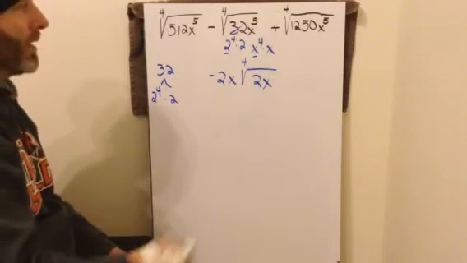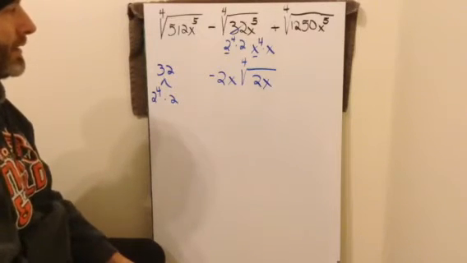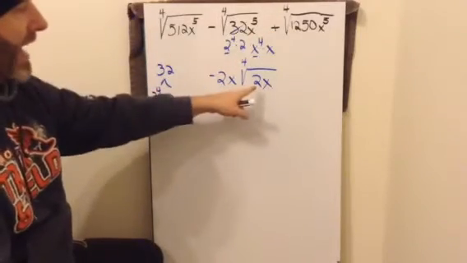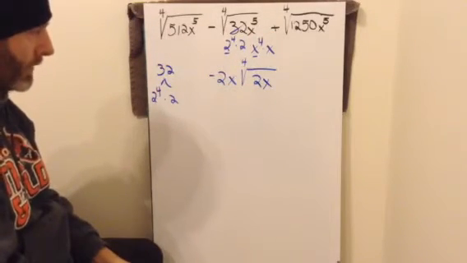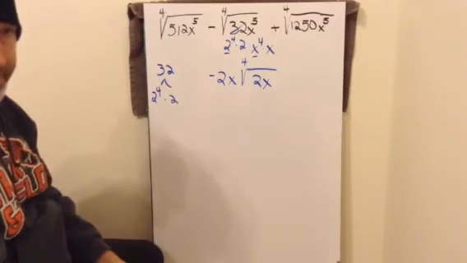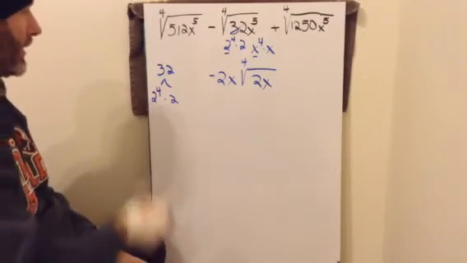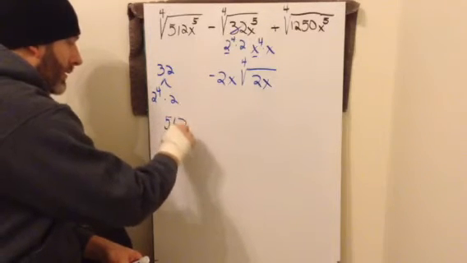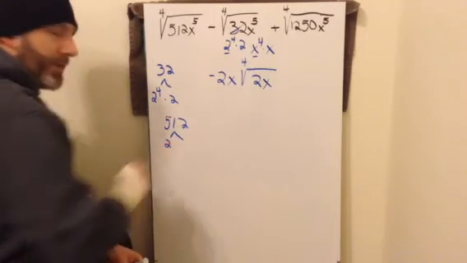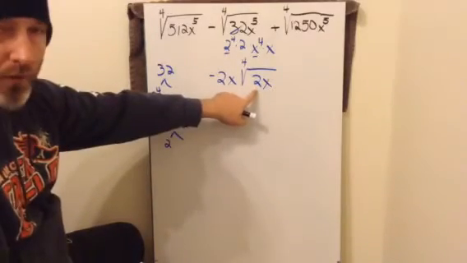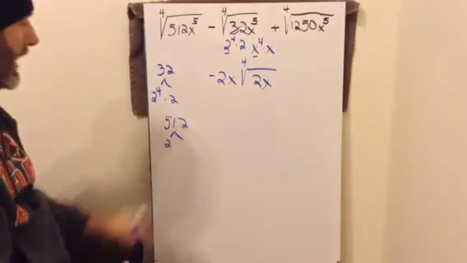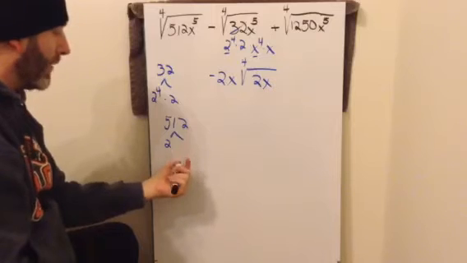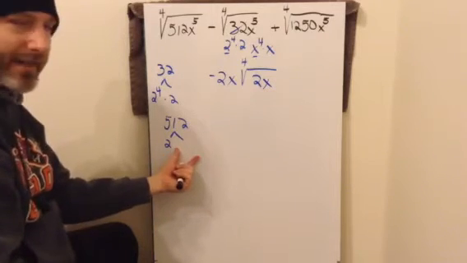Well, if I want to be able to combine these, each of these other radicands has to become 2x. So maybe start with the 512. Take the 512 and divide by that first, whatever coefficient might be left over, in this case 2. And then see if you recognize one of these other items.